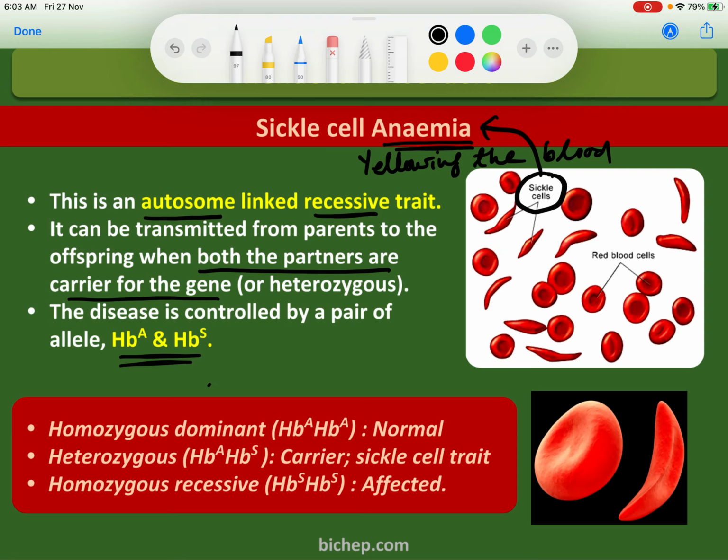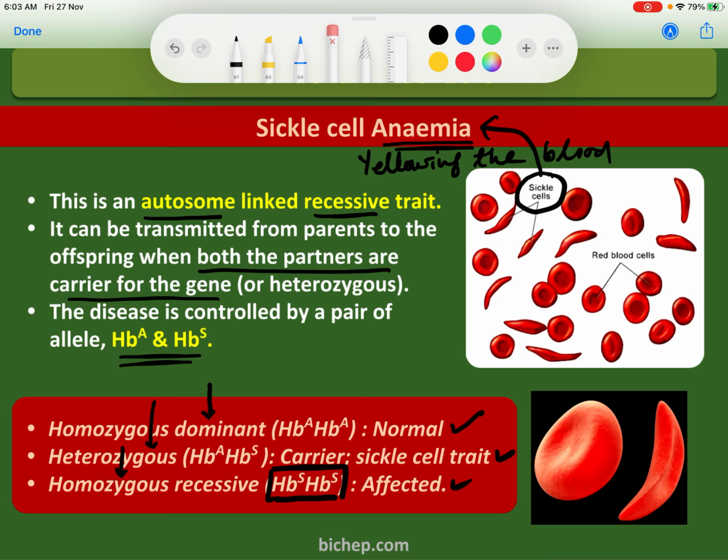So, homozygous dominant condition HbA-HbA is normal. Now, heterozygous condition HbA-HbS represents carrier of the sickle cell trait, and homozygous recessive condition, that is HbS-HbS, is showing the affected person, right.